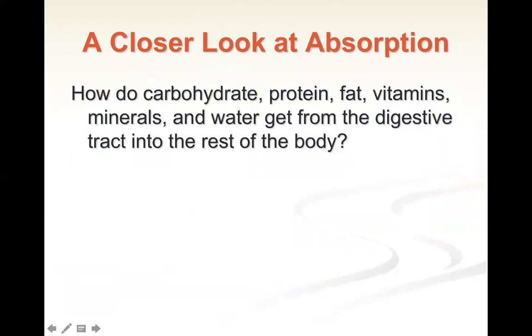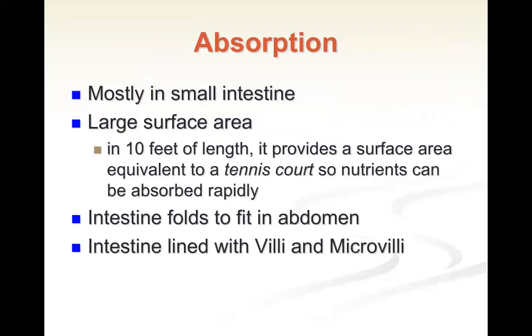So how do carbs, protein, fat, vitamins and minerals, and water go from the digestive tract into our body? And we're going to find out. They are generally absorbed across cells, primarily cells of the small intestine. Then they can travel into the lymph or the blood. And if they do travel into the lymph, they are eventually recirculated into the blood.